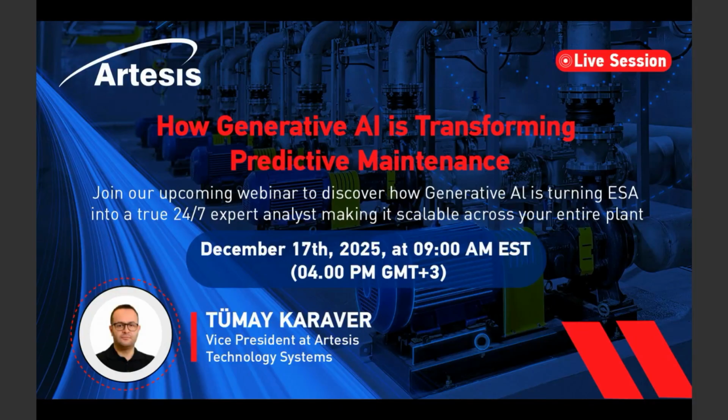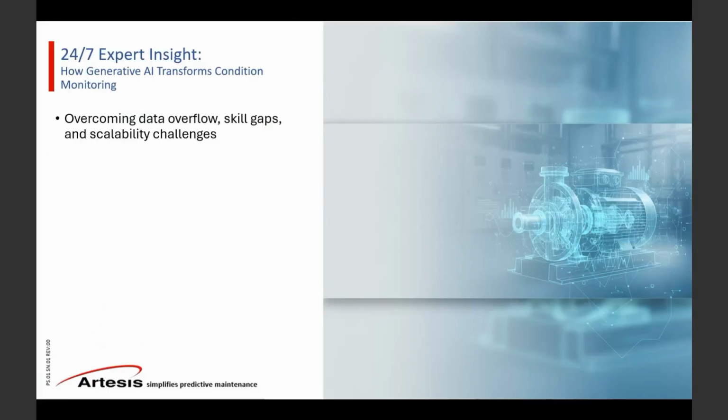So today we're talking about something I think is a pretty big milestone for condition monitoring. What happens when we add large language models and generative AI on top of what we already do? Because honestly, we've gotten really great at collecting data.